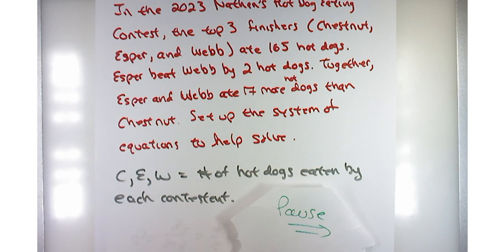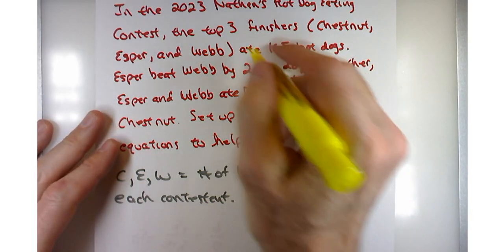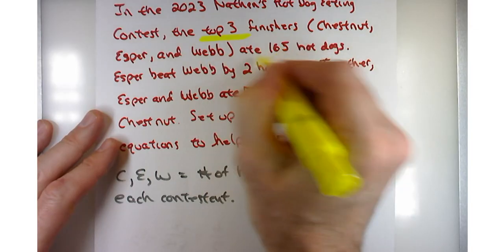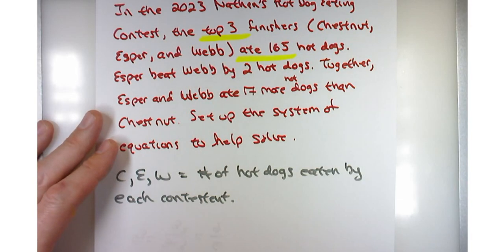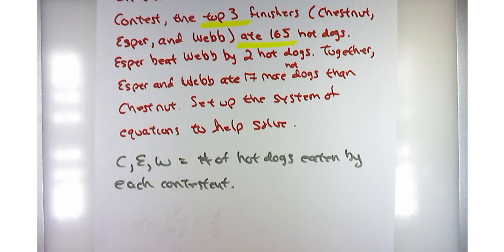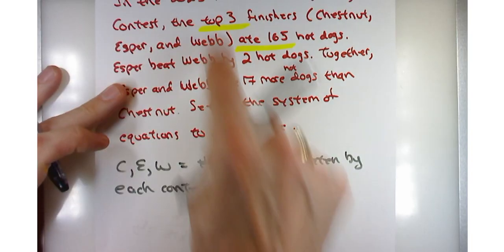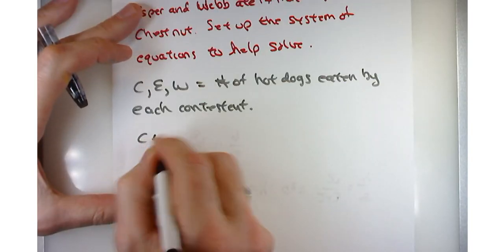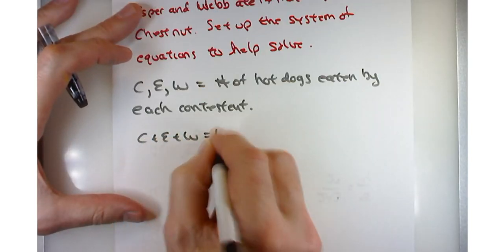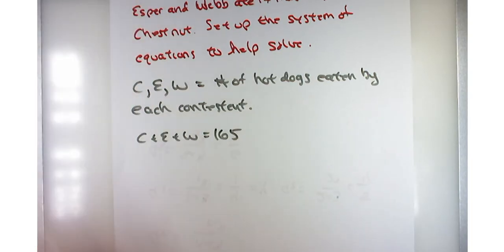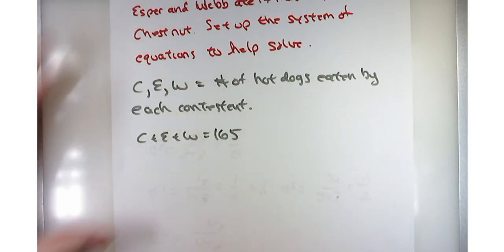Let's start with the easiest equation. The easiest equation is that the top 3 finishers ate 165 hot dogs, right? So what equation does that represent? C plus E plus W. Yeah, all 3 of them, C plus E plus W equals 165. That's the first one.